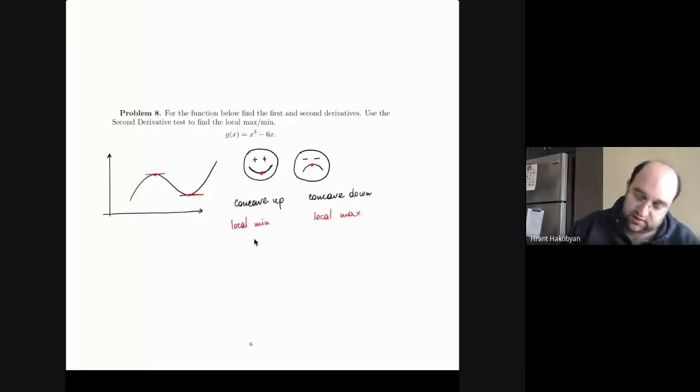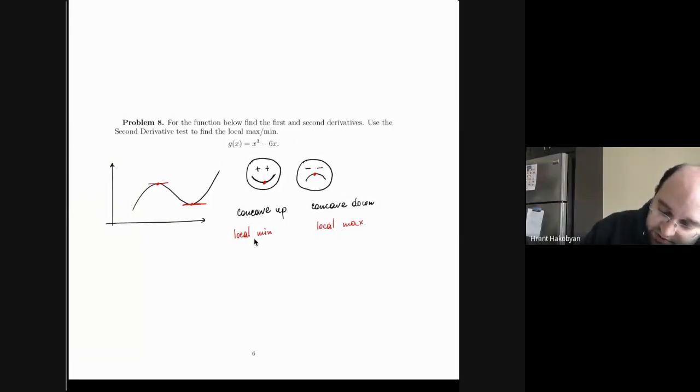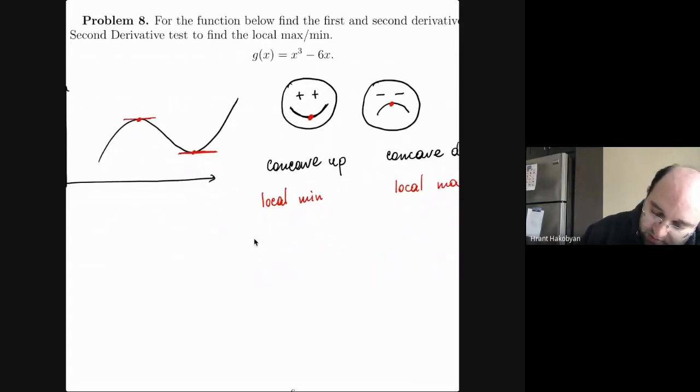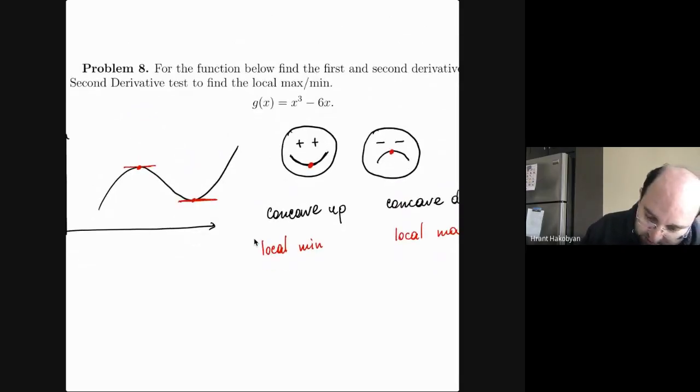So let's do it in this example. It's a very simple function. So let's find the second derivative. So I have g prime x is equal to the derivative of x to the power 3 minus 6x.